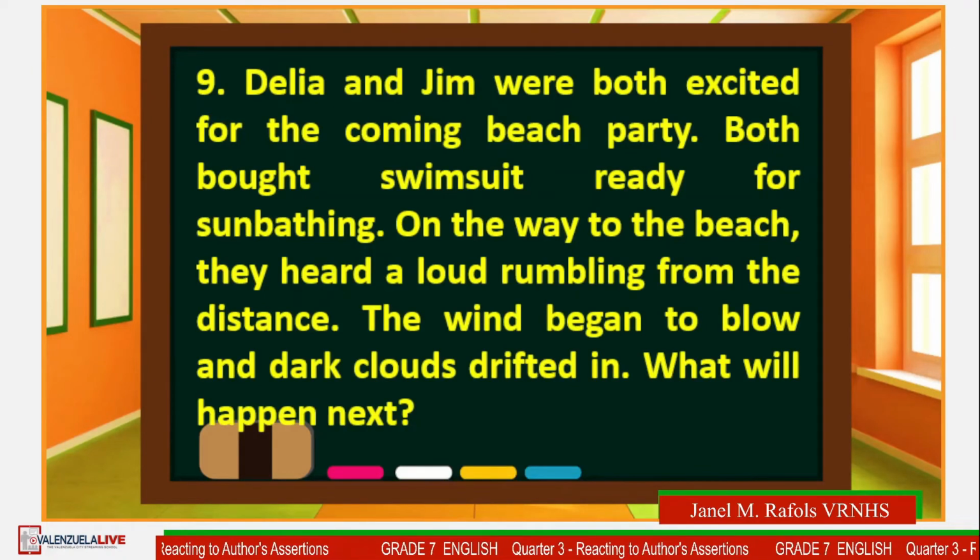Delia and Jim were both excited for the coming beach party. Both bought swimsuit ready for sunbathing. On the way to the beach, they heard a loud rumbling from the distance. The wind began to blow and dark clouds drifted in. What will happen next?